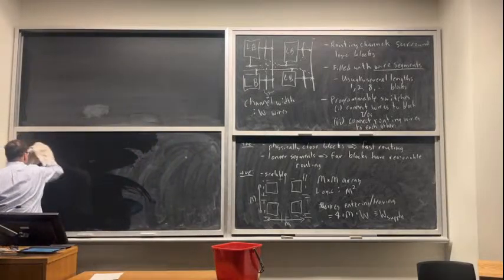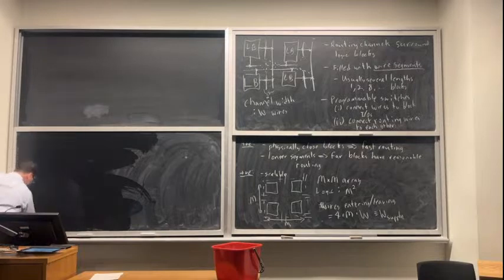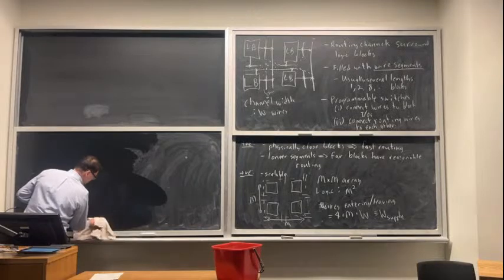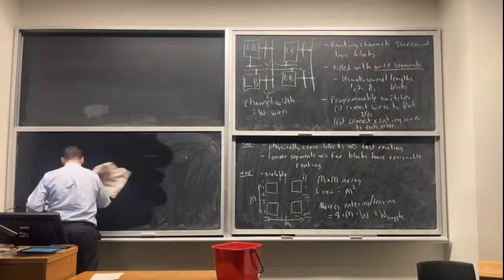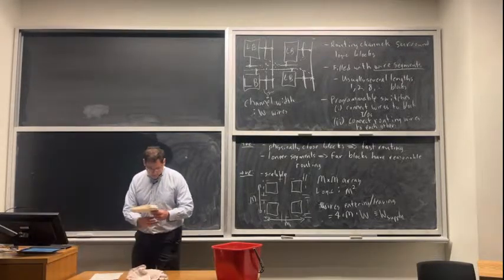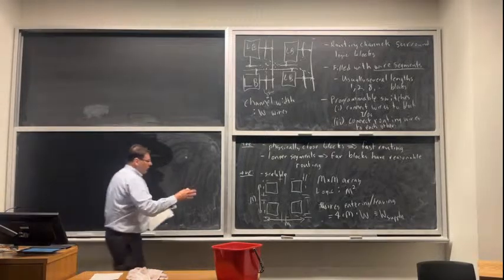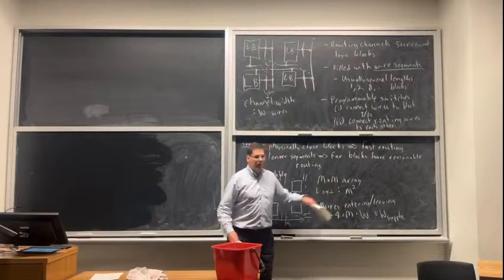Nothing changes in this analysis if I just say I can only use half of them. Okay, so I know how much total wiring I could possibly get in here, and I know how much logic I've got.